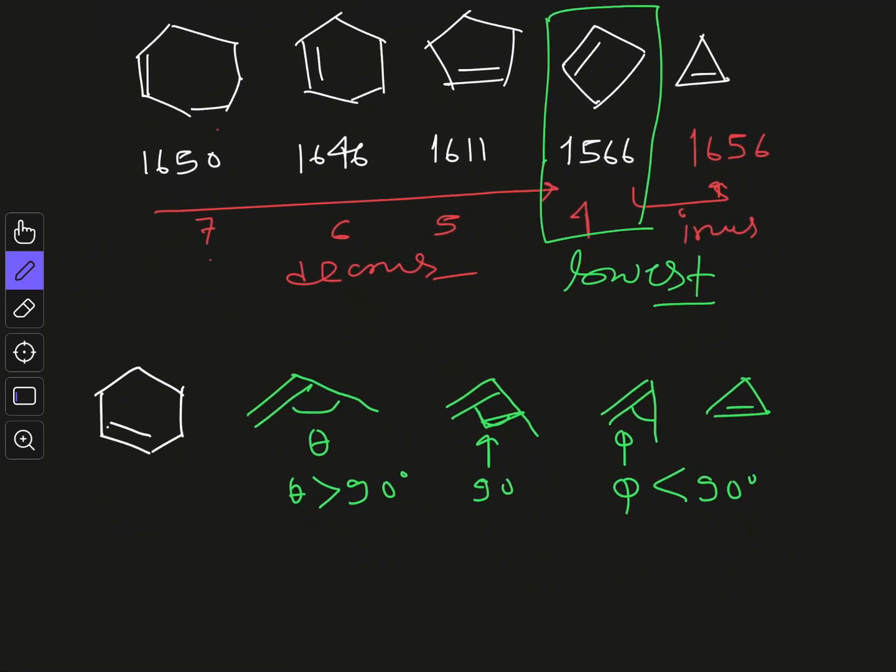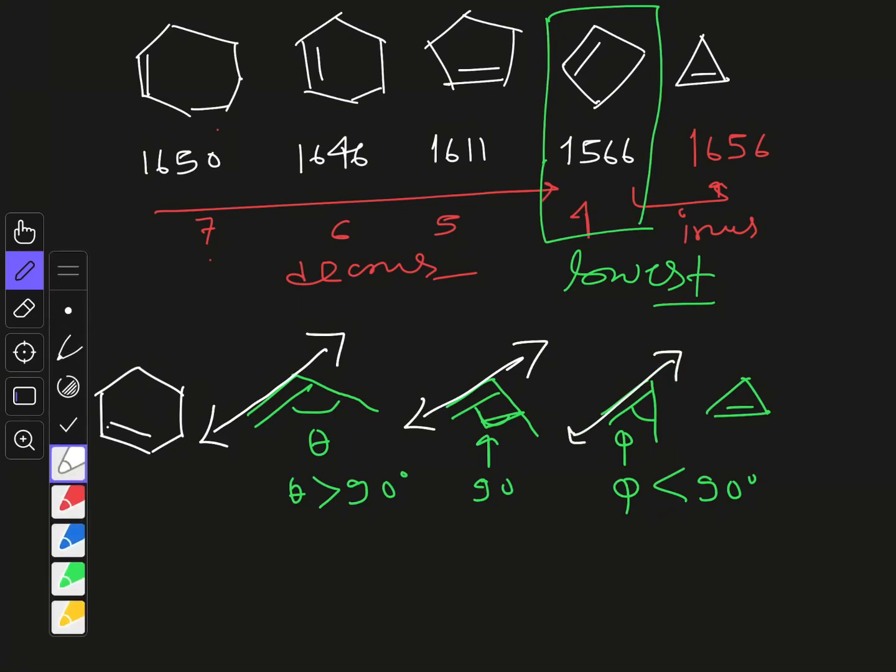Now in this case, for this double bond there will be a stretching frequency, and these are vectors. The stretching frequency is actually a vector. And similarly for the C–C bond there is a stretching frequency like this.